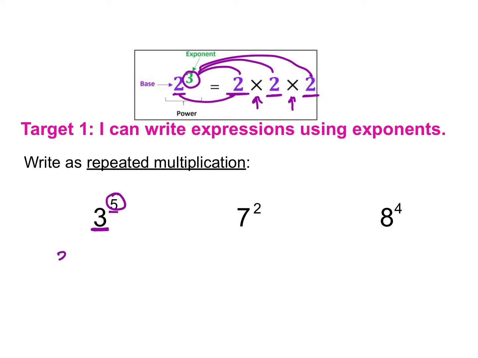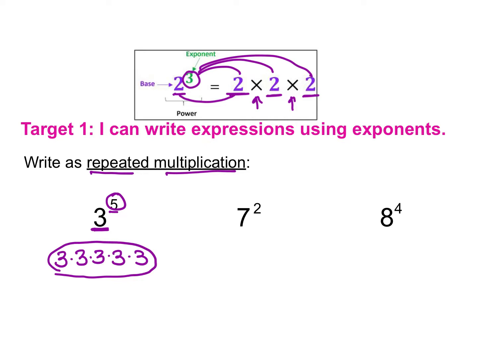So we see 3 times 3, there's 2, 3, 4, 5. And that is how we write it as repeated multiplication. When it says to write it as repeated multiplication, you do not need to evaluate it, which means you do not need to actually multiply it out. You just need to leave it as repeated multiplication, just like that.